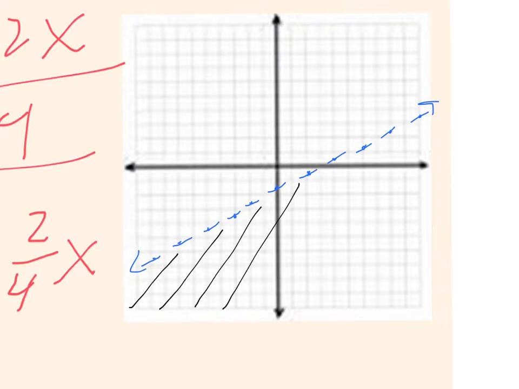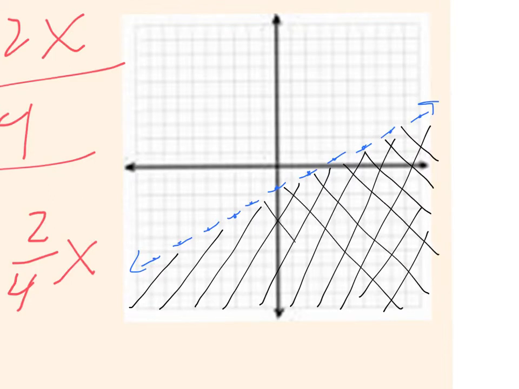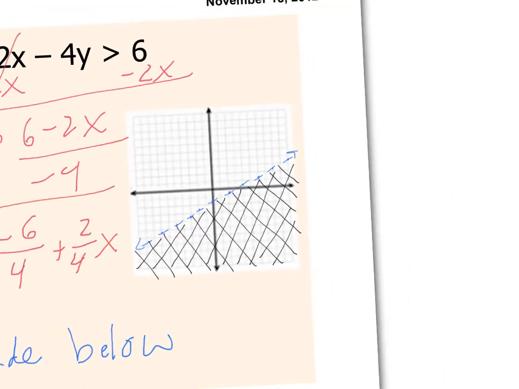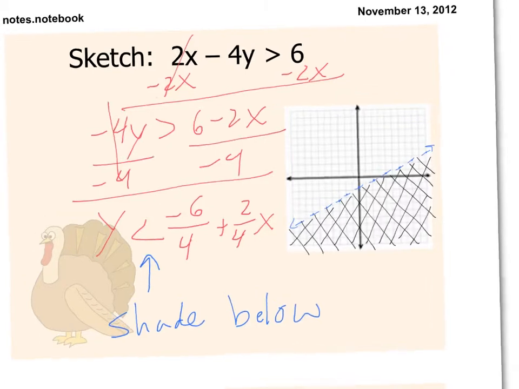All of these points down here, those are solutions. So that is the side that I would shade. And again, notice the dashed line says the points on the line, -6/4 plus 2/4x, are not solutions.